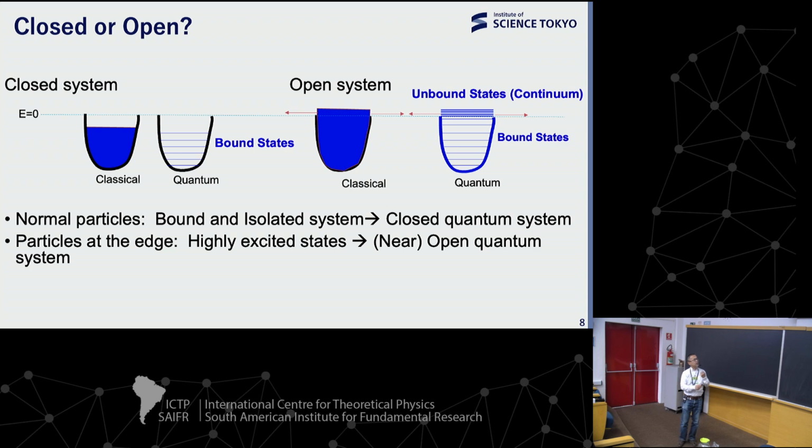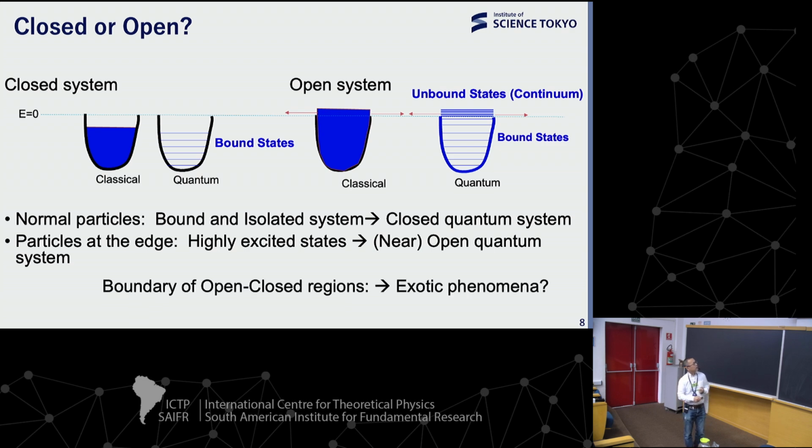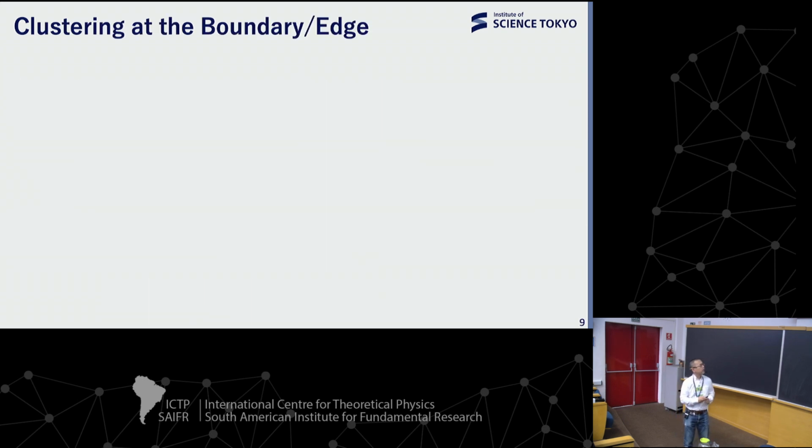But for particles at the edge or boundary, or highly excited states, we see open quantum systems. And often, at this boundary of open and closed regions, we see some exotic phenomena.